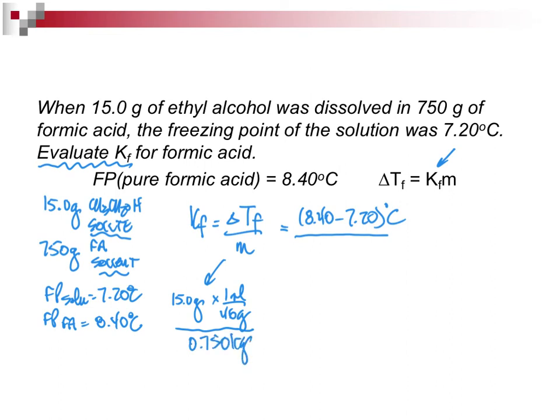So again, this part is the solute, and this part is the solvent, and I come up with a value of 0.435 molal. I normally put it in, but I said I'm just going to break it into pieces. So essentially, 0.435 molal. When I crunch my numbers through, I come up with 2.76 degrees centigrade per molal.